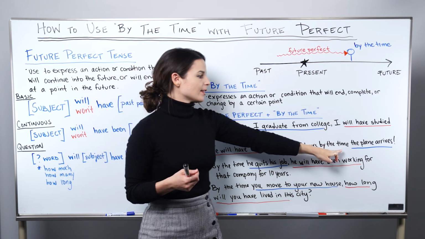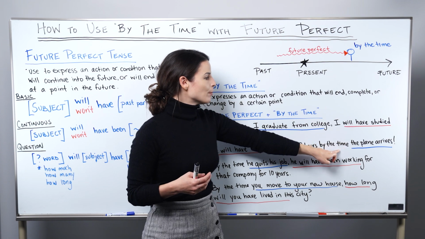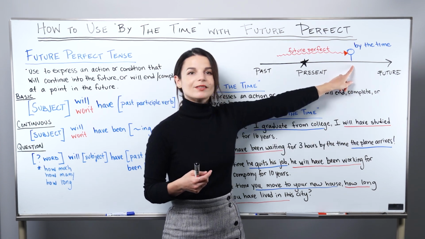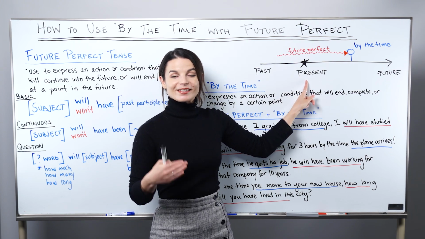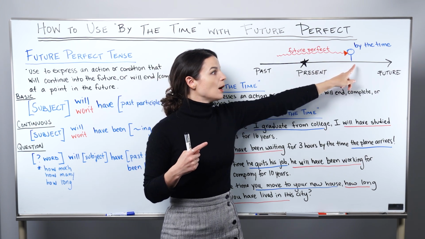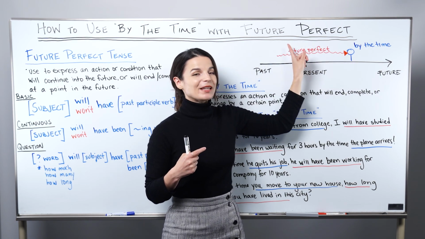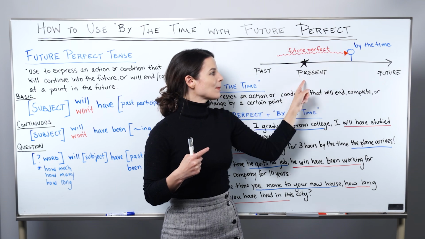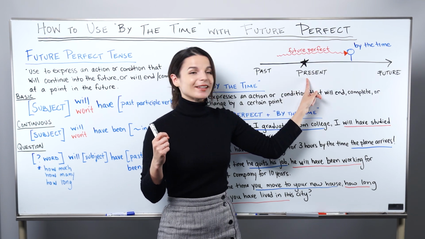And our by the time condition or our by the time situation is here. By the time the plane arrives. So here's the present. The speaker is talking in the present about this future point. By the time the plane arrives, our total waiting time will be 3 hours. So that means maybe now we have been waiting for 1 hour or maybe 90 minutes or something like that.